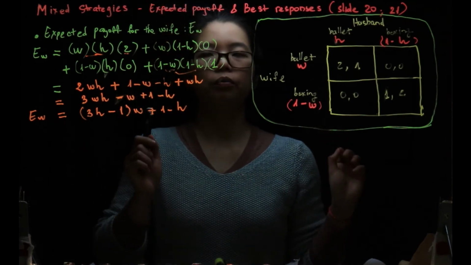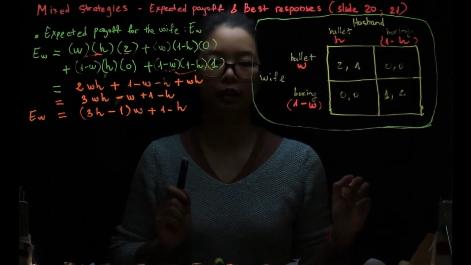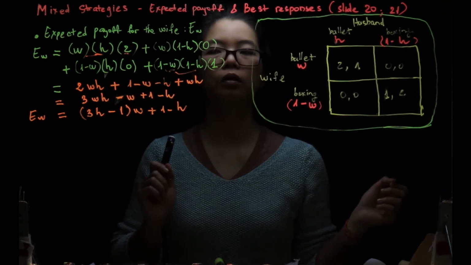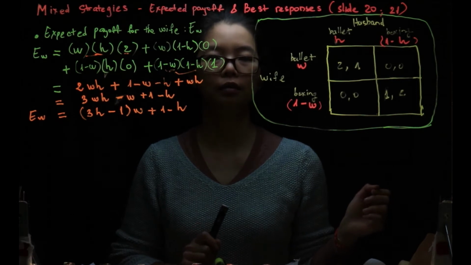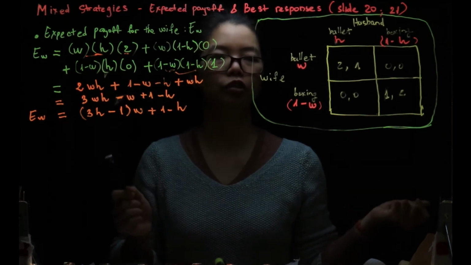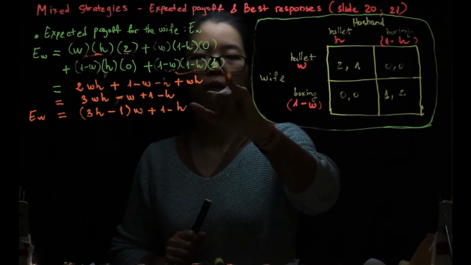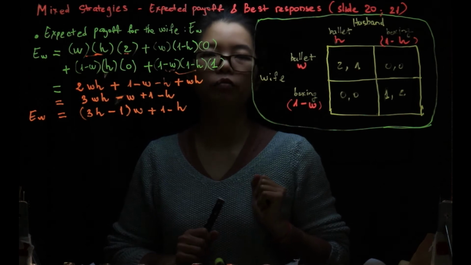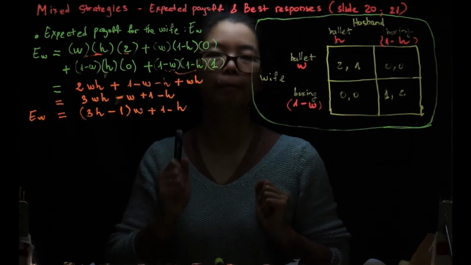One thing helpful to realize at this stage is that in a game, players wish to maximize their payoffs, right? That's the rational motivation. So in the mixed strategies version, they wish to maximize their expected payoff.